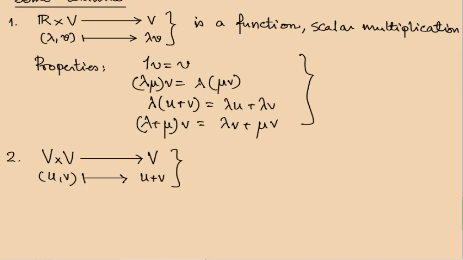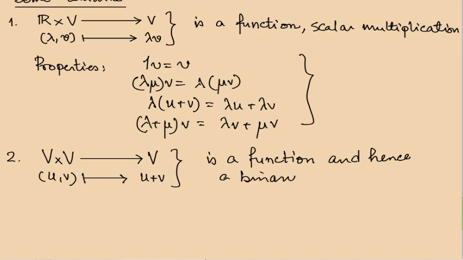So this shows that it is a function, and hence a binary operation on V. And what are its properties?